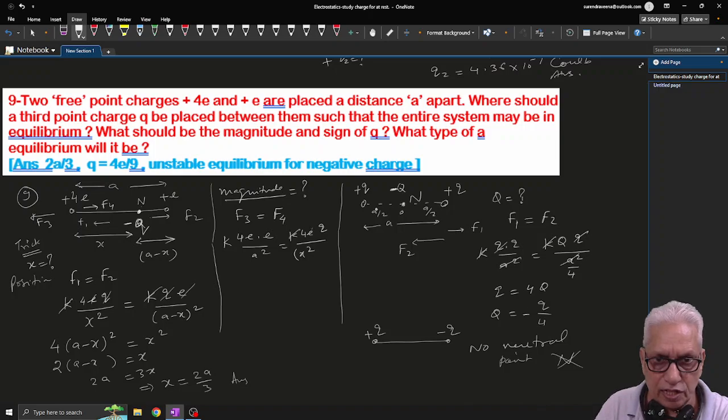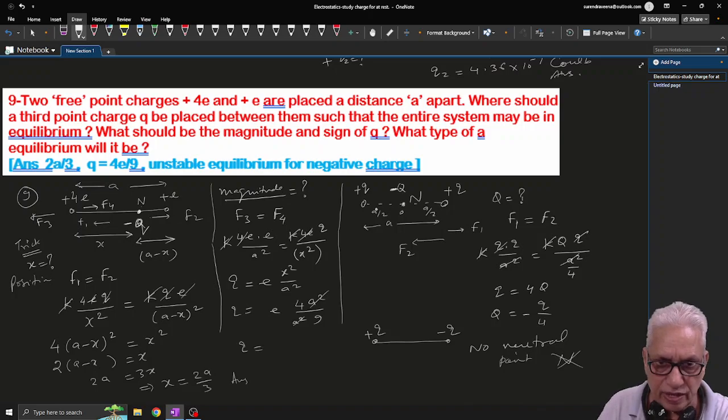It will be k, 4e cancel out. q will be e x square upon a square. Putting the value of x, this, so q will be e 4a square by 9, a square will cancel out, so q will be 4e by 9 and minus sign by logic. This is the answer.